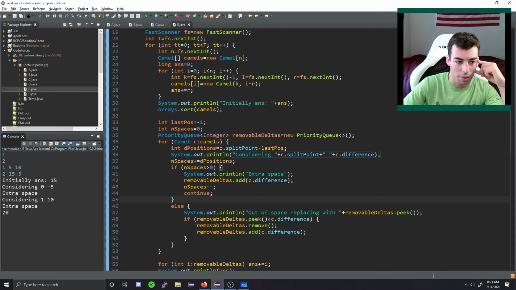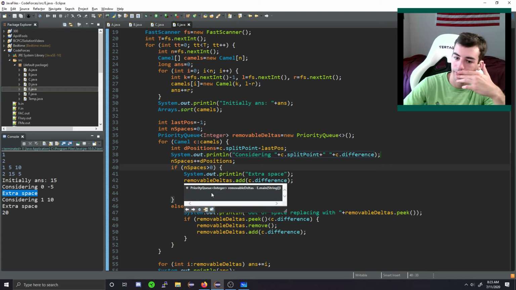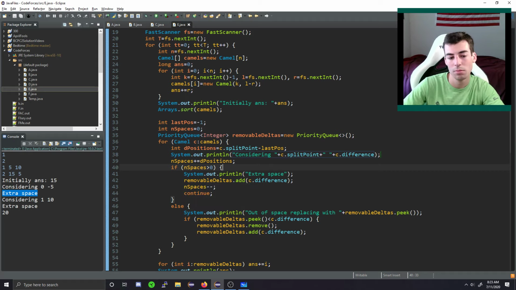So we're considering the thing at position 0, the delta is -5. Yeah, this isn't necessarily good.